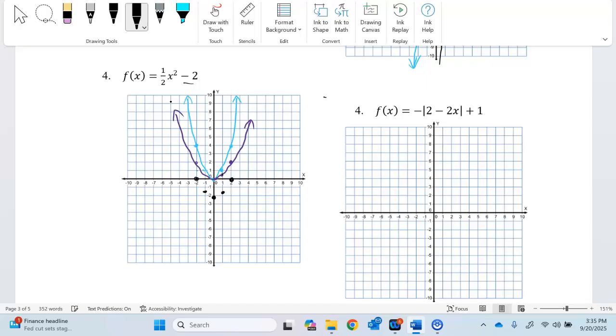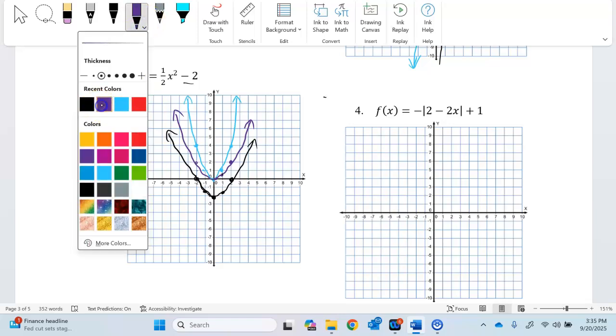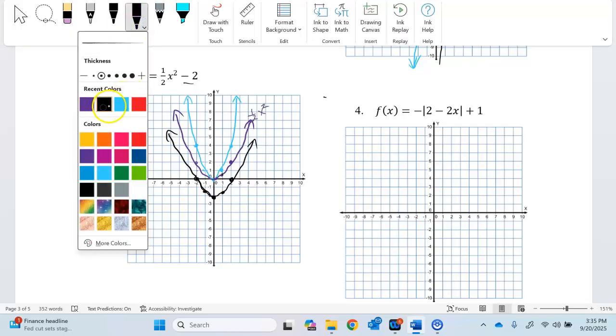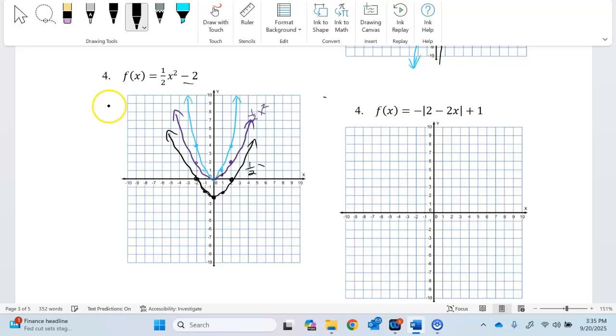And that's it. That's my answer. That's 1/2 x squared minus 2. The purple guy, if you want to label him, that's 1/2 x squared. And then this is my final answer, the black graph, 1/2 x squared minus 2. And of course the original is just x squared.